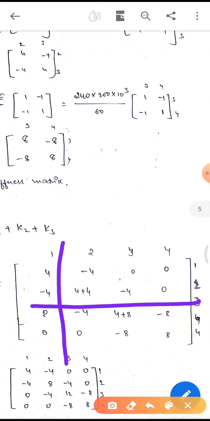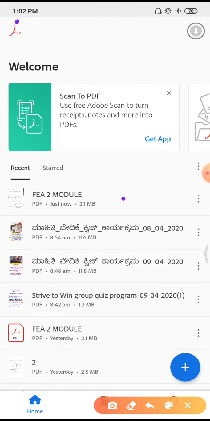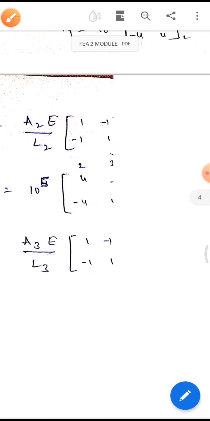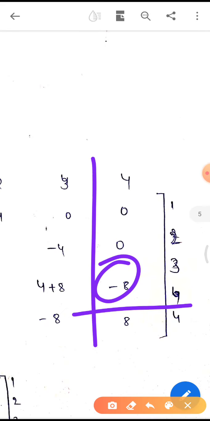Next, in the K3 matrix we have third row, fourth column, that is minus 8. That's what we have written here, minus 8. That is nothing but third row, fourth column.